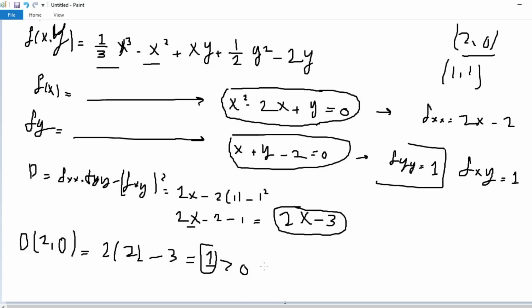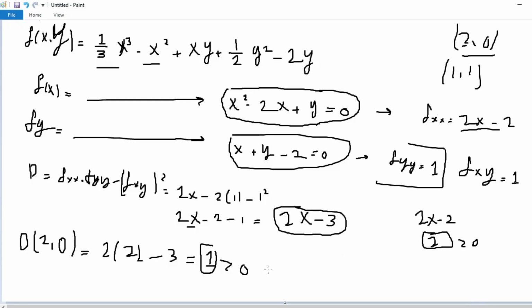So what we need to determine is the f double x. Notice the f double x is 2x minus 2, not minus 3. Be careful. The x value in this critical point is 2, so 2 times 2 is 4, minus 2 is 2. So the 2 here is greater than 0, which means you have a local minimum.